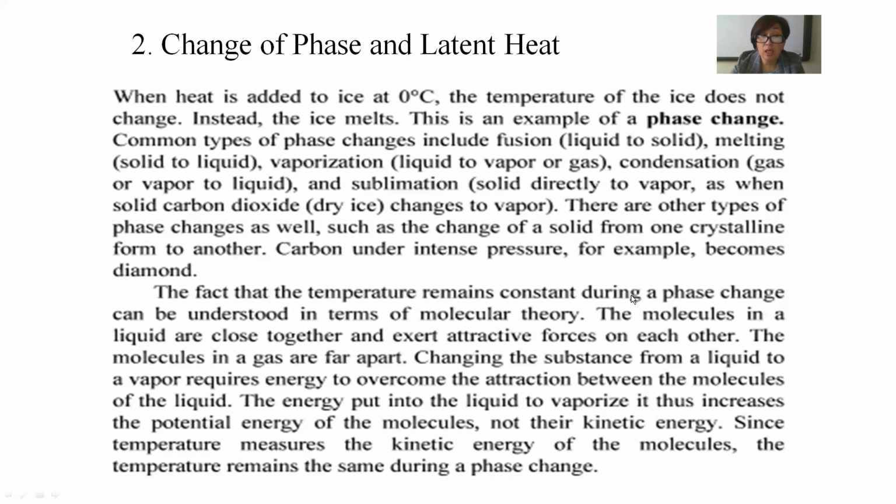Okay, and the second question, change of phase and latent heat. When heat is added to ice at 0 degrees Celsius, the temperature of the ice doesn't change. The ice melts. This is an example of a phase change.